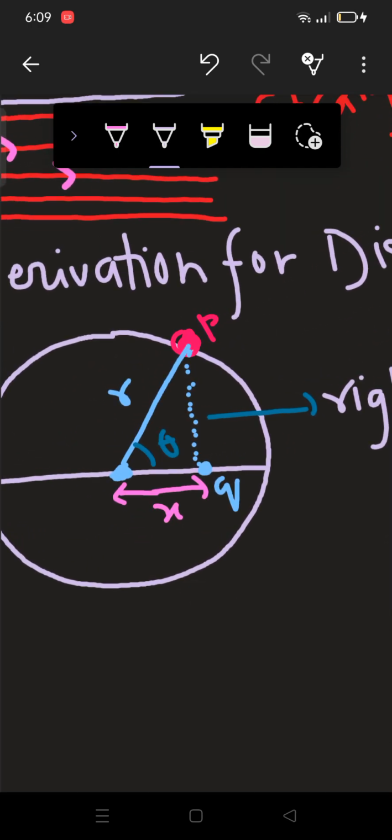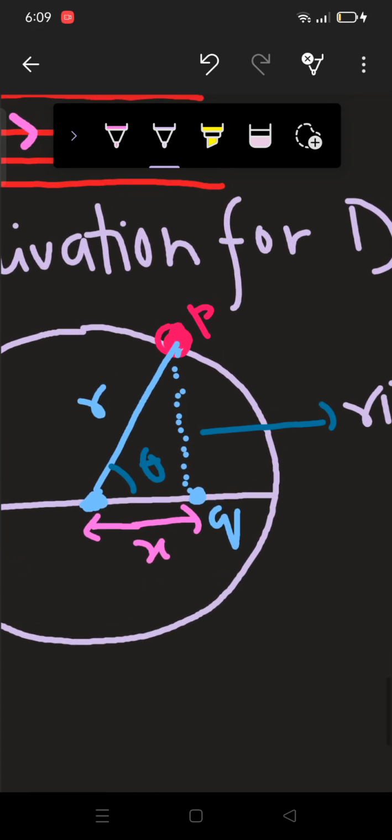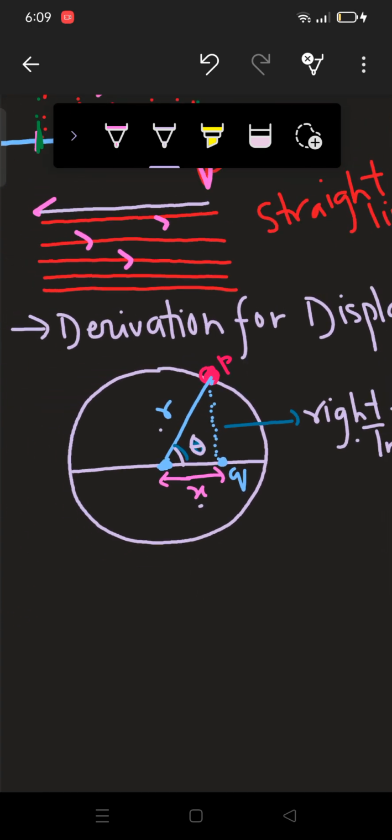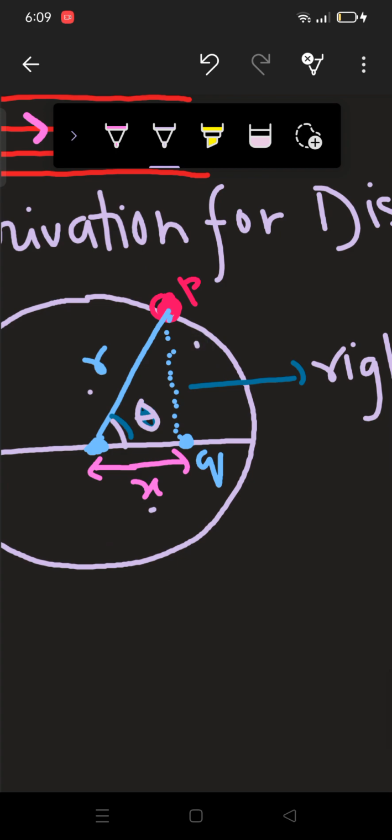Now see, we are deriving the formula for the displacement, which means we must have a function, since we have theta here as well. We must have a function which takes base and hypotenuse. If I talk about the functions, we have sine. Sine is equal to perpendicular upon hypotenuse, which means perpendicular is included in the sine function, so we cannot use the sine function.